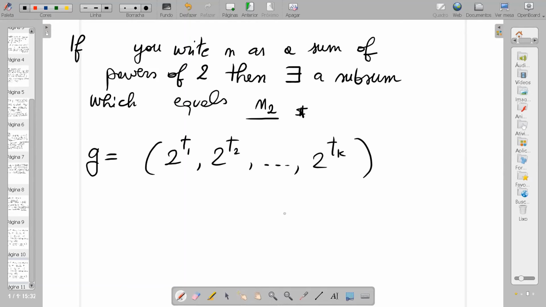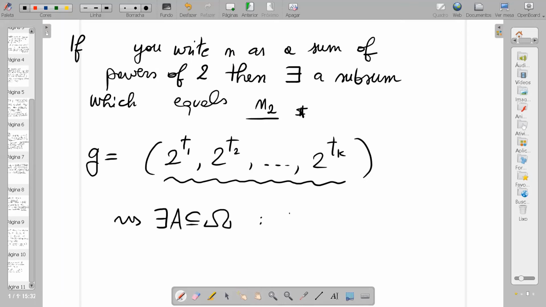Any element of order a power of 2 will have this cycle structure, and then n is the sum of all of these powers of 2. We want to find a subsum which is n/2 in such a way that we can find the set of size n/2 with g belonging to the stabilizer of this set.